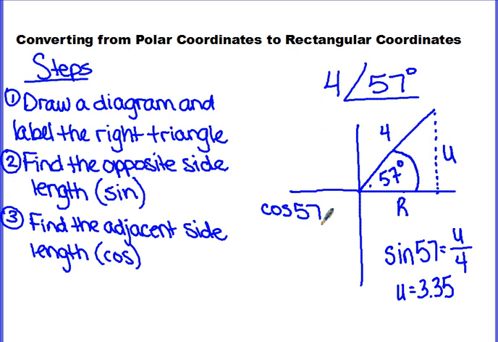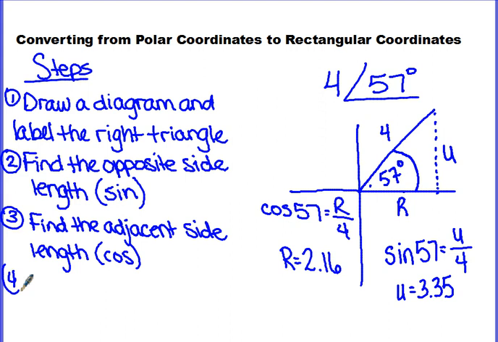So cosine of 57 is the adjacent, which is side r, over the hypotenuse, which is our vector of 4. In order to find r, we're going to multiply 4 times the cosine of 57. When we plug that into our calculator, we get 2.16. So we have found r, we have found u.